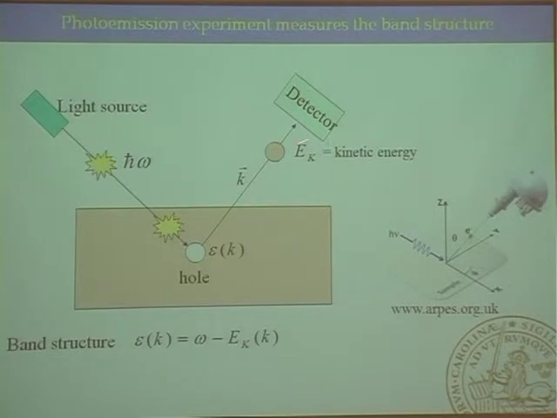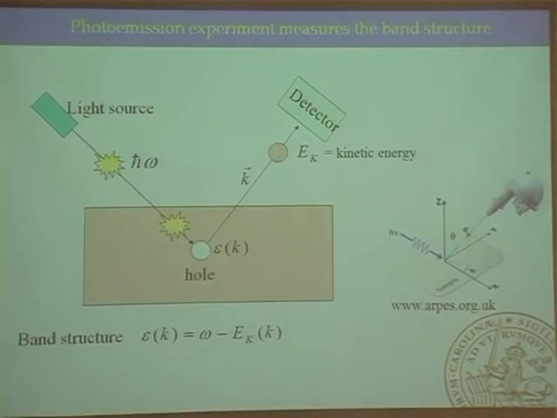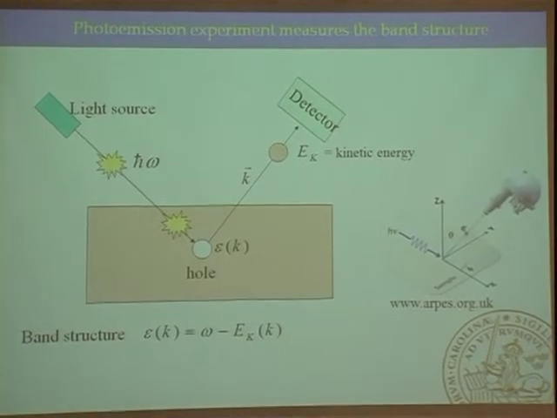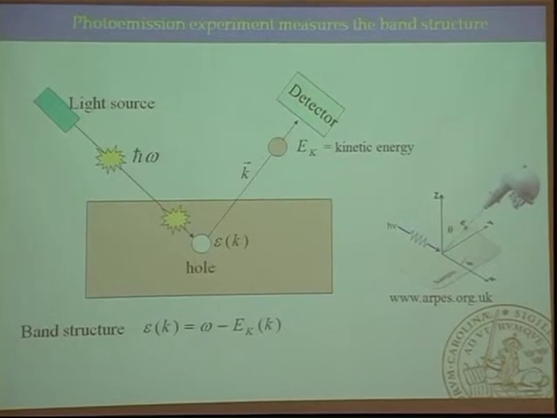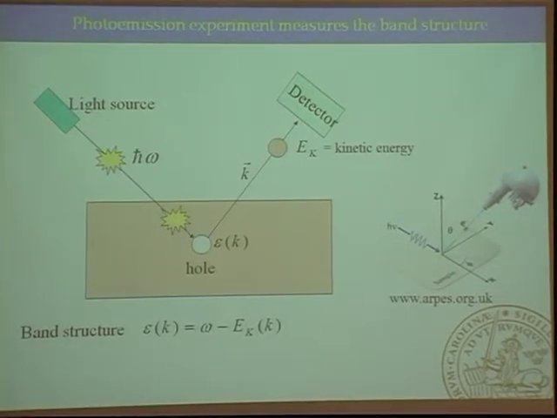We measure the kinetic energy of the electrons, and from the conservation of energy, we can deduce the binding energy of the electron, which is just the difference between the incoming photon energy and the measured kinetic energy. In reality, it is not so simple like this. It's more complicated, but schematically, it is basically like that.